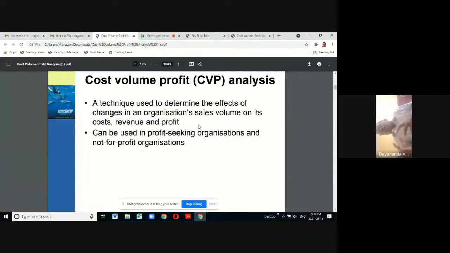Sales volume means quantity. Quantity means maybe number of products, hours, seats. So volume here means capacity, not in monetary terms but in unit terms. Suppose you have a cinema. To make a particular show profitable, how many seats must be filled, how many tickets must be sold?